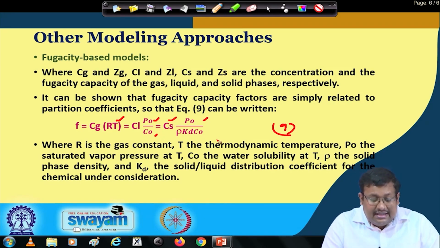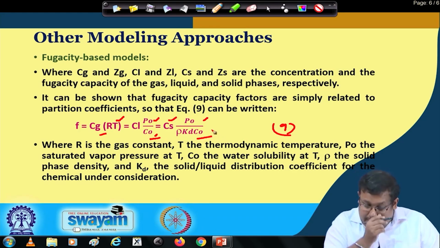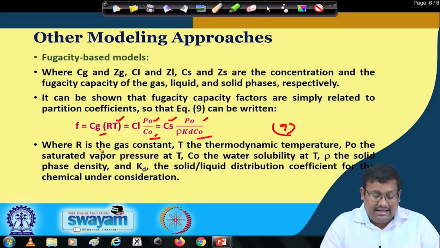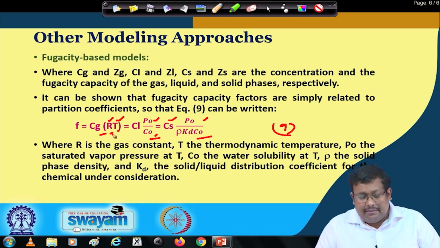Now remember that these three expressions are for three different media. One is for the gaseous medium, one for the liquid medium, and one for the solid medium. In the gaseous medium, we can represent the fugacity with Cg, the concentration in that compartment, and RT, where R is the gas constant and T is the thermodynamic temperature.